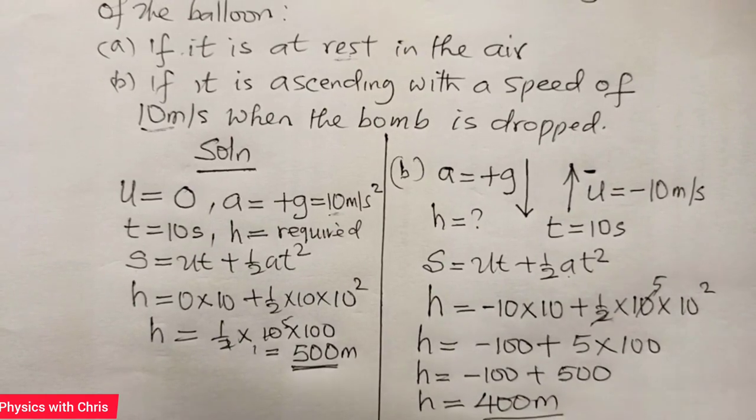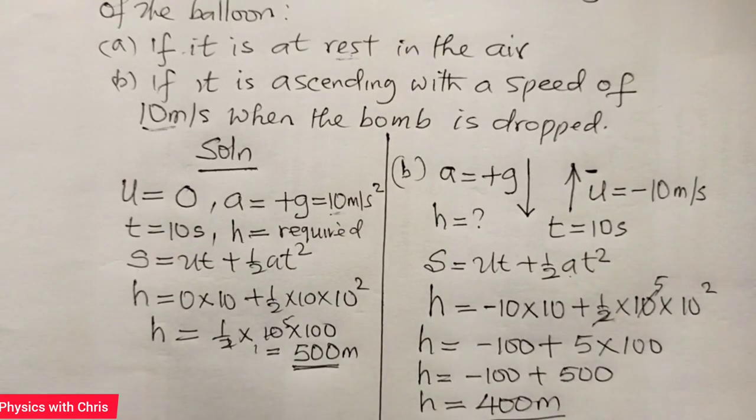So given that it takes 10 seconds for the bomb to reach the ground, while the balloon was ascending with a speed of 10 meters per second, the height of the balloon at that point is 400 meters.